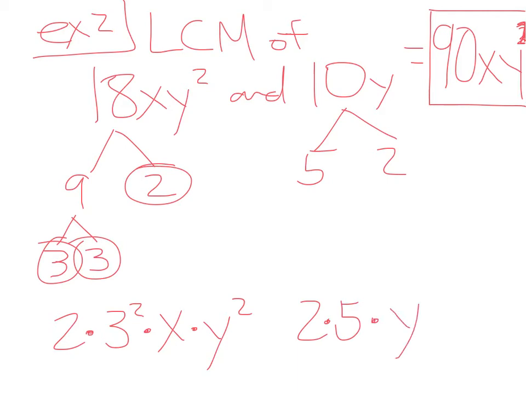So now as we look at both of these, remember what we're doing is finding the greatest exponent that's used in each term. So in both of these, the 2's, well, they're both 2 to the first, so 2 is one of those. In the 3's, this one has 3 to the second, the other one doesn't have any 3's, so the greatest is 3 to the second. The x's, well, the greatest number of x's is 1 of those x's, and it looks like the greatest number of y's is the y squareds.